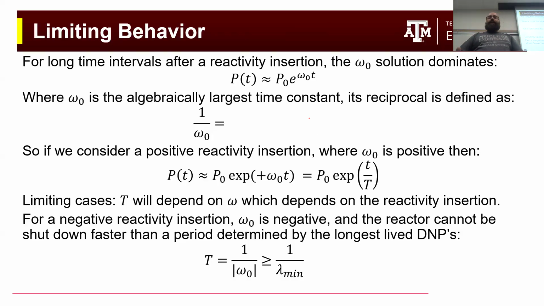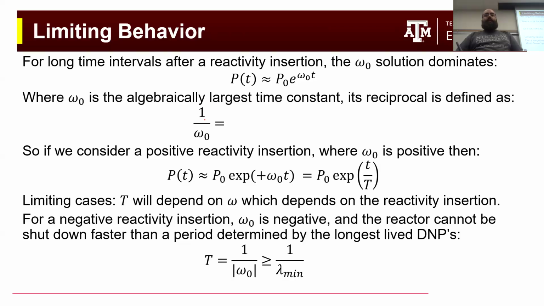So basically what we're saying is that for longer time behavior, the solution is going to be dominated by the omega zero time constant. So if I were to write my power, it's going to look like an initial power times e to the omega zero times t, where omega zero is the algebraically largest time constant. We can talk about the reciprocal of the time constant.